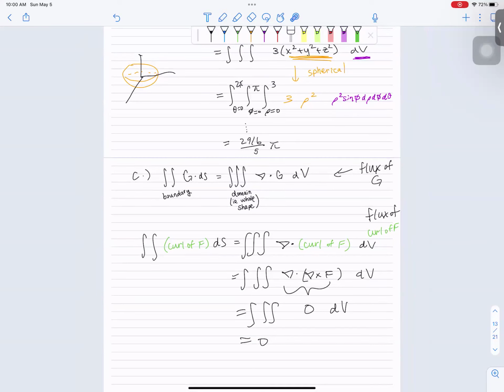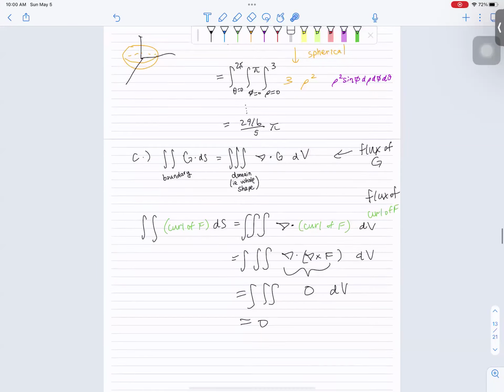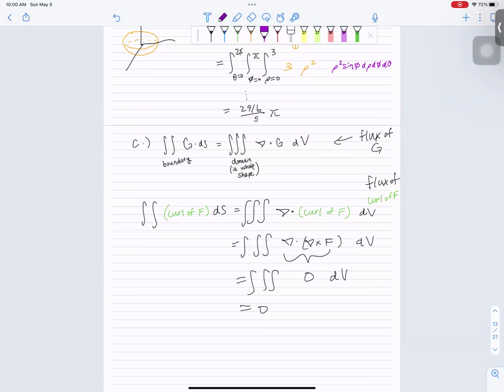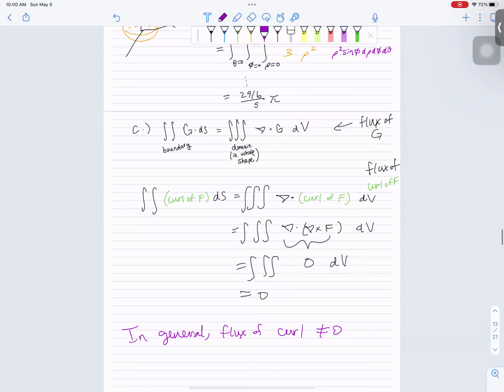So if you do a flux of the curl of some vector field over a 3D closed region, I should specify, you get 0. In general, flux of curl is not always 0. In general, if you see flux of curl, think to use Stokes' theorem.